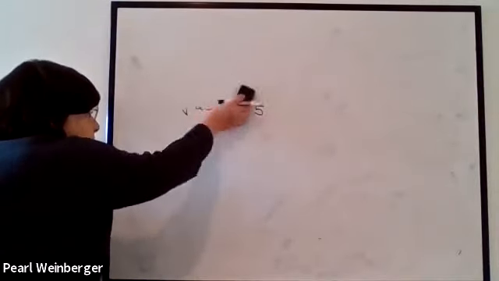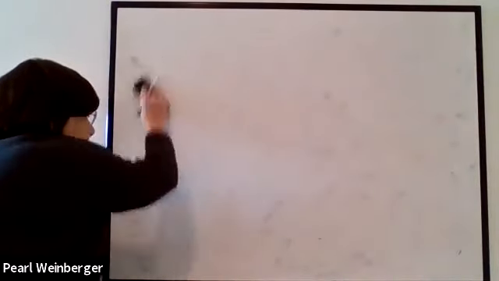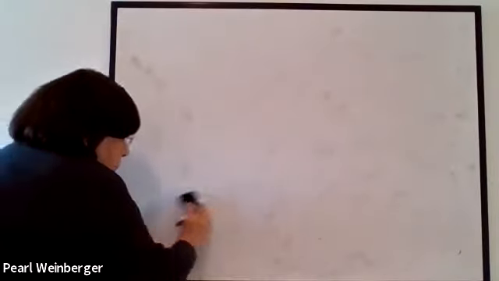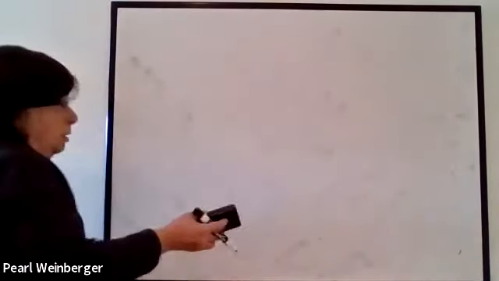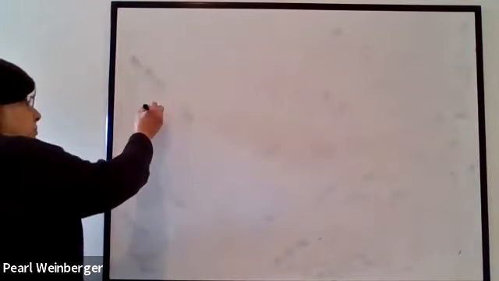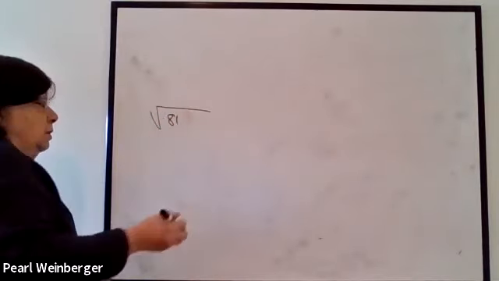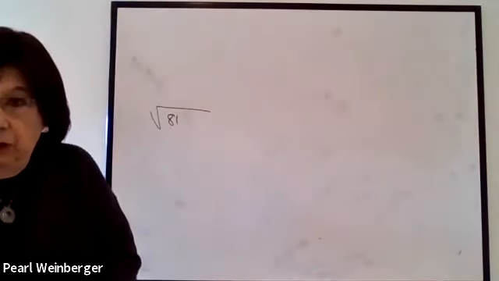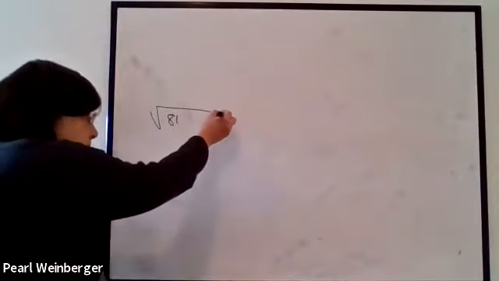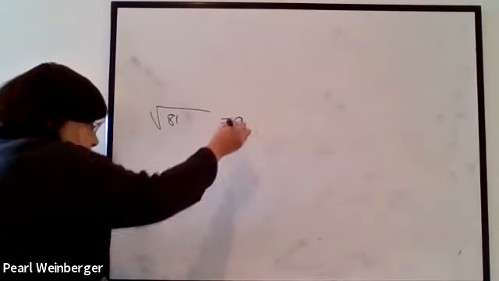So the question is, how do we find square roots? Well, I would assume that a lot of the numbers that are perfect squares, you know the square roots of. For example, if I ask you what is the square root of 81, most people would know the answer is 9, because 9 times 9 gives you 81.